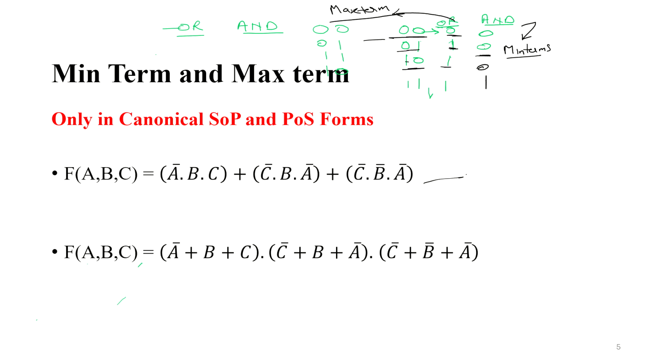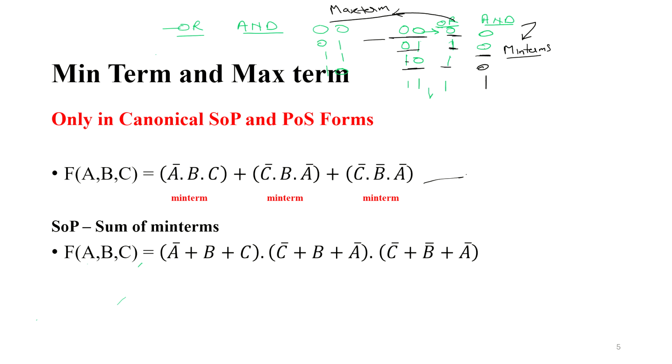Now tell me, one form is SOP and another is POS form. Now see here, AND operation is giving minterms. This is the sum of products form, so these will give you minterms, and addition of minterms will give you minterms.